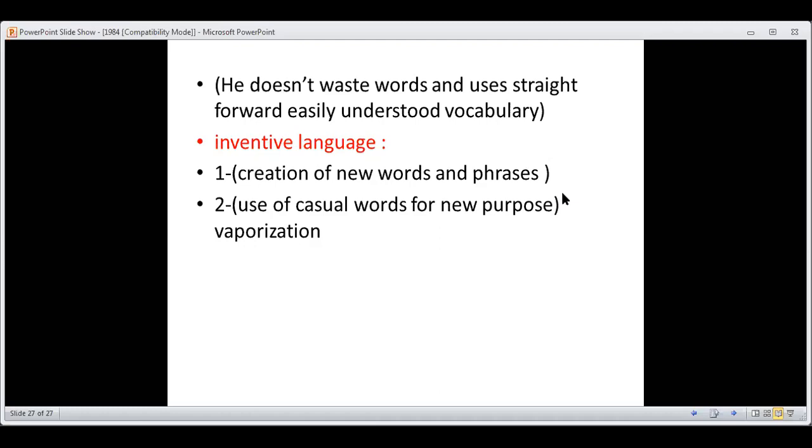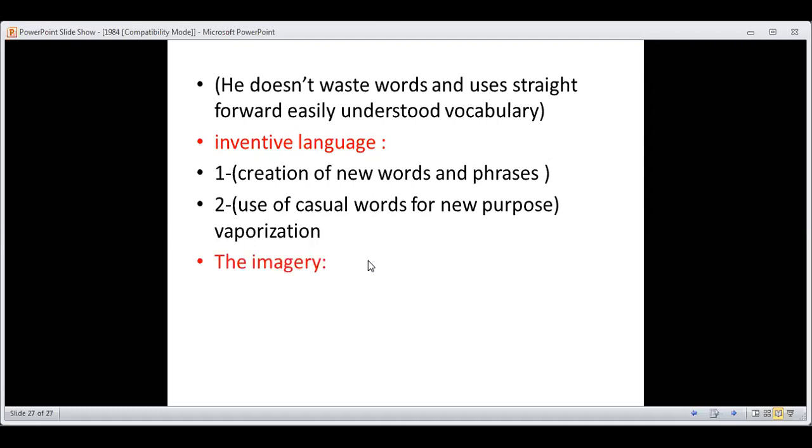We know vaporization of steam, it is a scientific word, but you will find that he is using it in a completely different context. And therefore, not only is he using direct language and making it a new crispy language, but he invented language in two manners: he uses new words and phrases, or uses old words for new purposes.